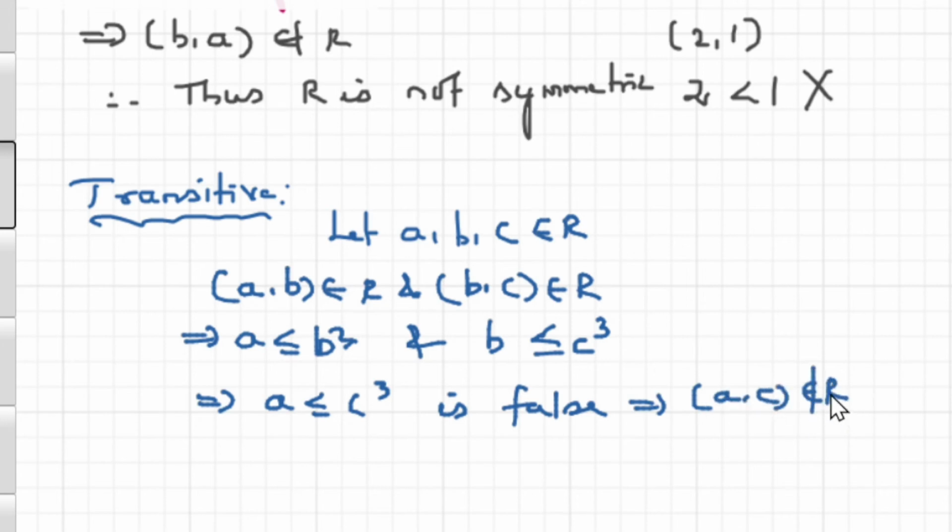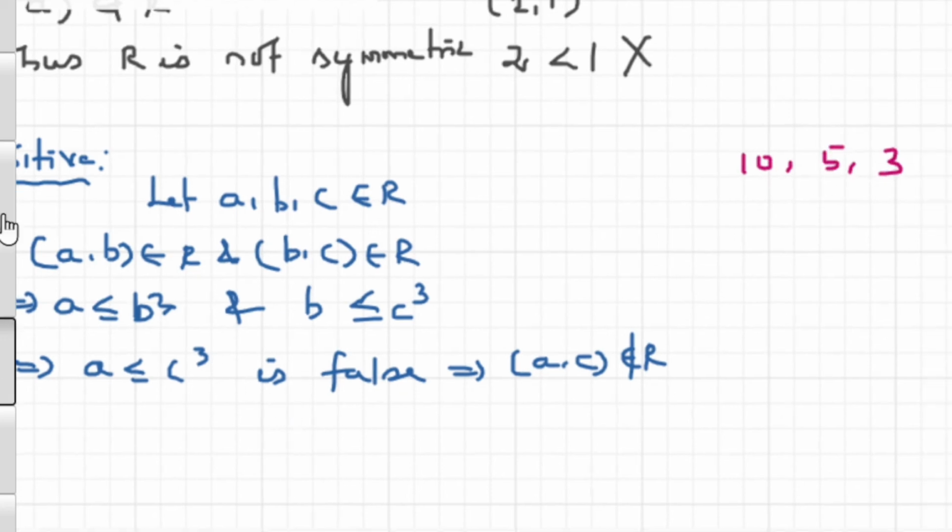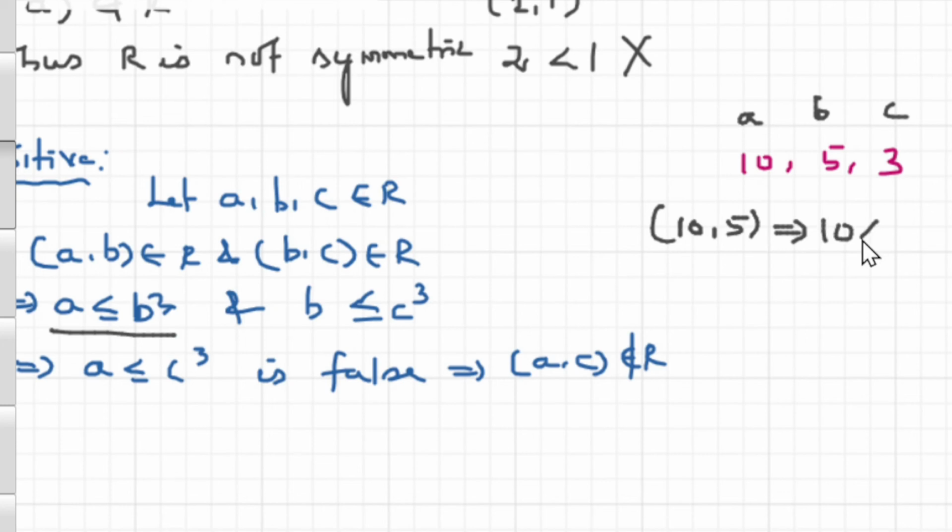We can prove this by taking a simple example. Let us have the three numbers a, b, c as 10, 5 and 3. So the first entry is A, this is B, and this one is C. First we compare the first two, 10 comma 5, which is A comma B. Its condition is that A is less than the cube of this one, which is 125.